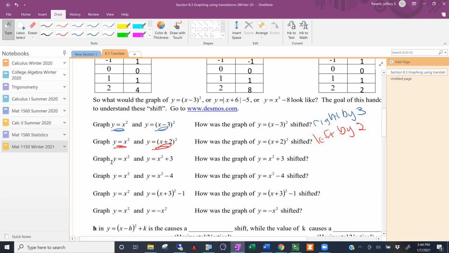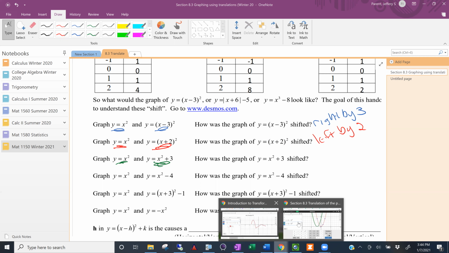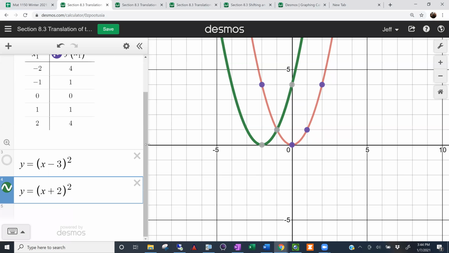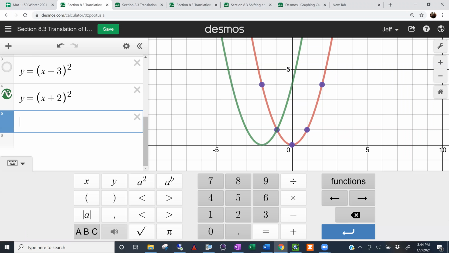Moving down the list here, let's look at y equals x squared and y equals x squared plus 3. While I cursor over to my graphs, any predictions? So we got y equals x squared, and let's shut that off.